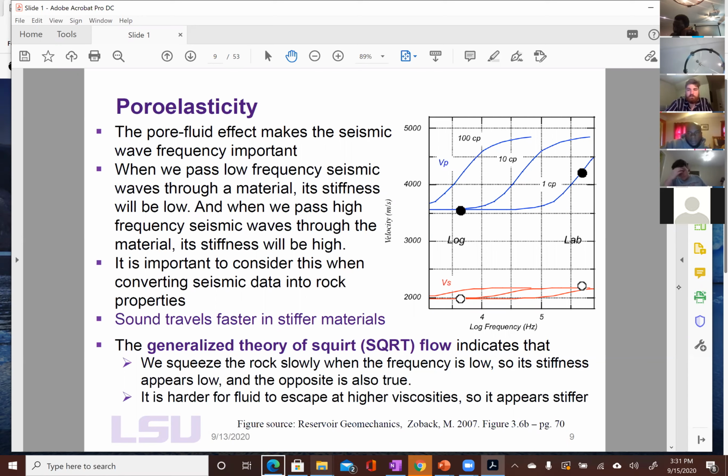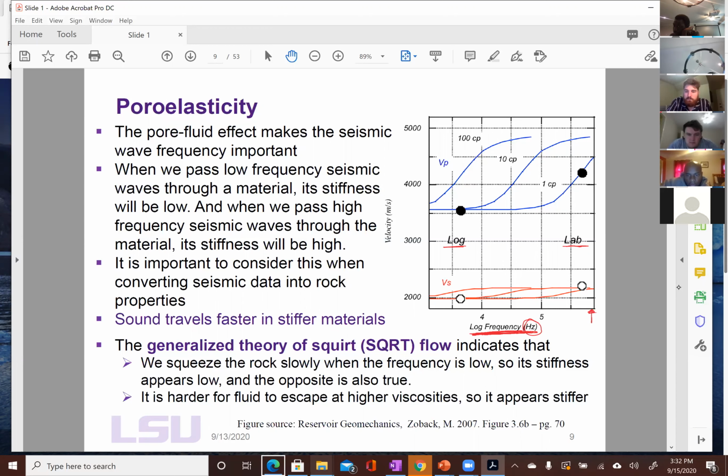Which one has a higher frequency? Which of the sound waves has a higher frequency, the one from the lab or the one from the well log? The lab, and you can see the value here. So what's the value here in hertz?